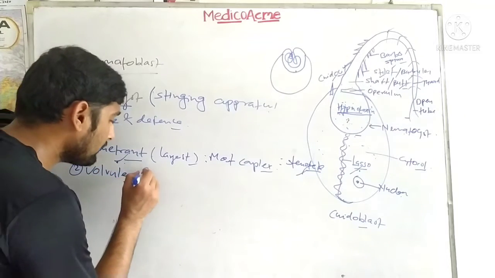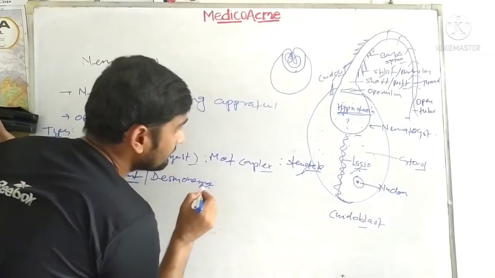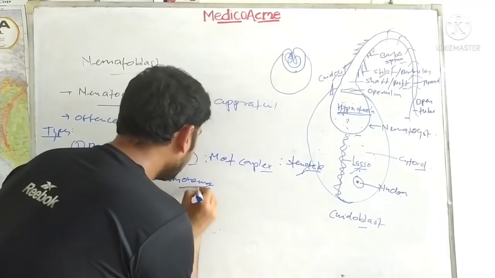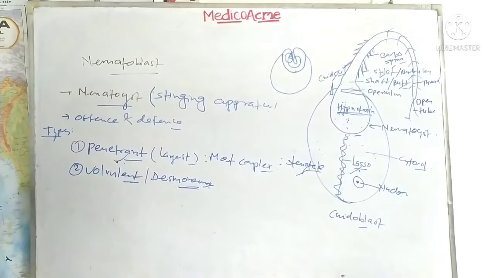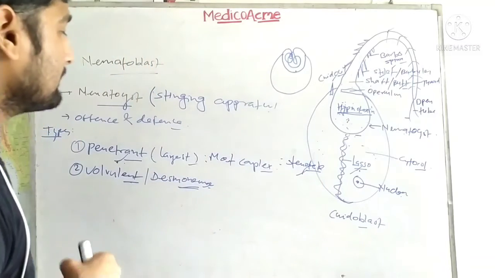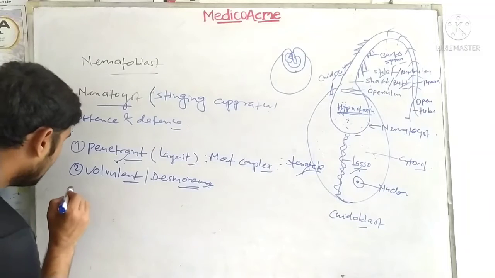So volvulent or desmoneme is the smallest kind of nidoblast. Please remember, desmoneme is the smallest kind of nidoblast, and stenotele is the largest kind of nematoblast found in the Coelenterata.